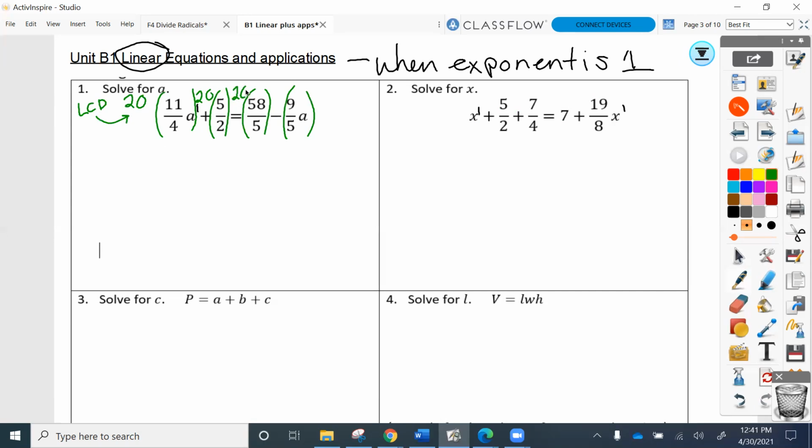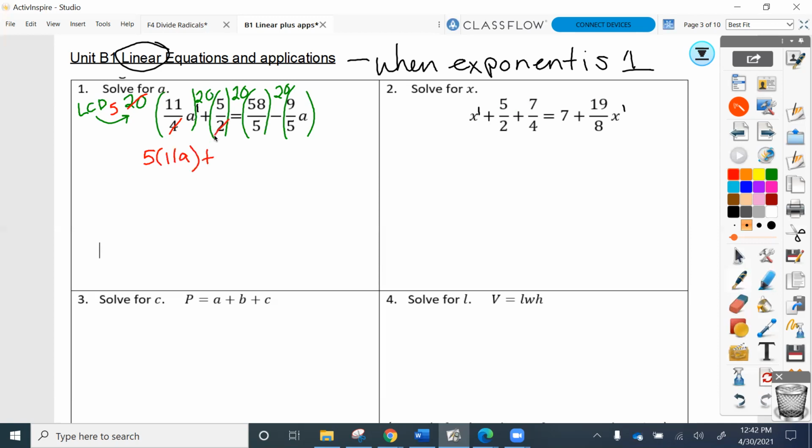So we're going to just multiply everything by 20, and I'll show you, you'll like this because all the fractions go away. So 4 goes into 4 once, 4 goes into 20 5 times, and you would just do 5 times whatever's left, which is 11A.